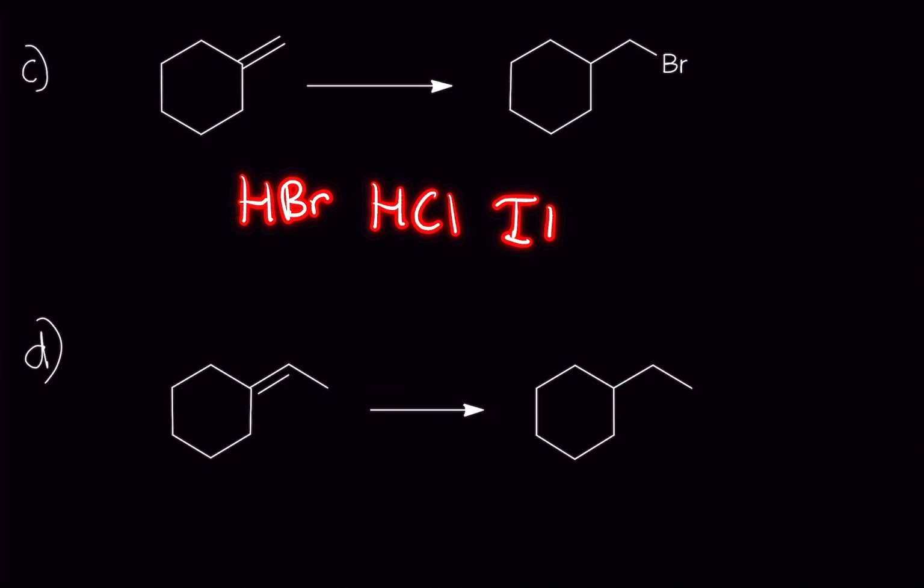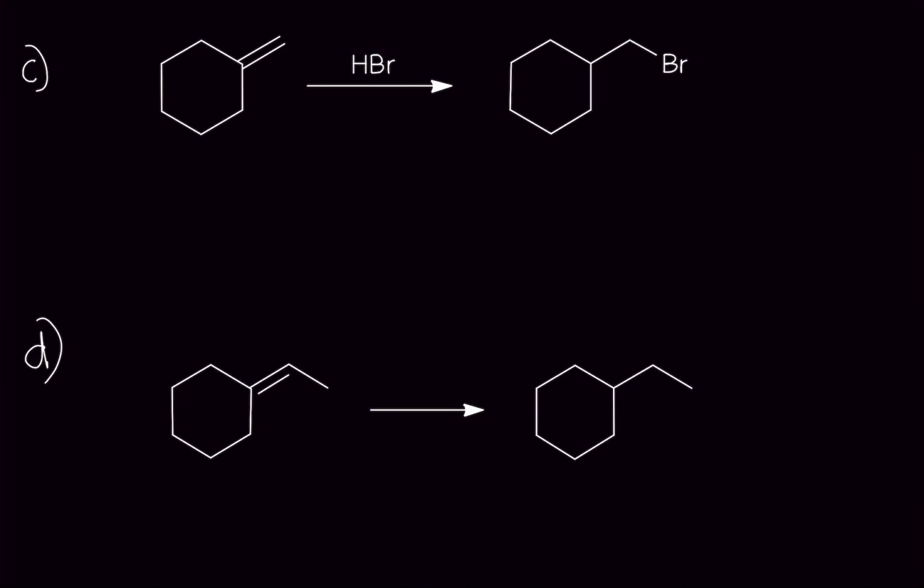So anything with H and the halogen. Since we're adding anti-Markovnikov, on the less substituted carbon, you also need a peroxide, ROOR, like that.